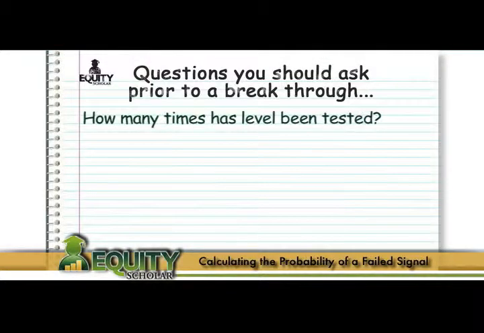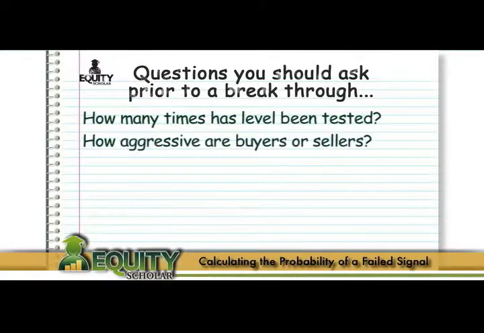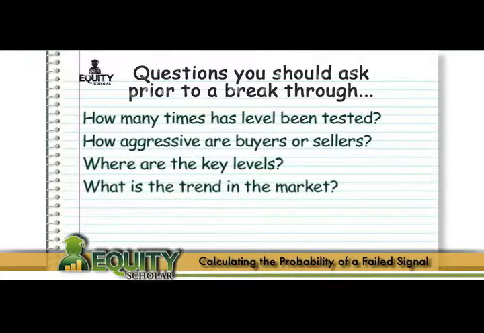Is this the first time the level has been tested, or has it been tested numerous times? How aggressive have the buyers or sellers been up to this point? Is this level the only level within sight, or are there other potential levels very close by? And what is the trend of the overall market, and how aggressive is it?